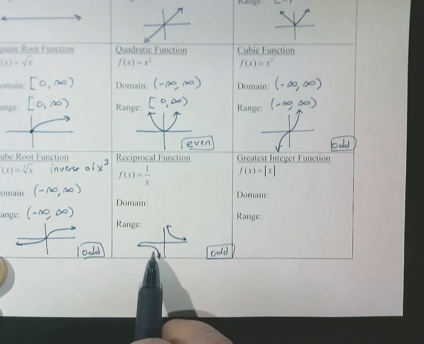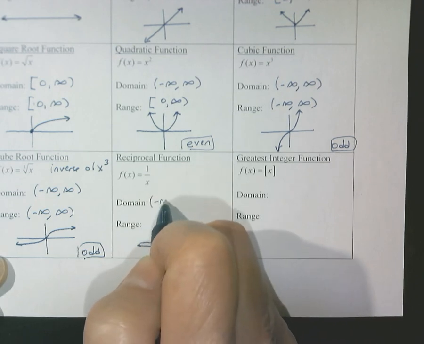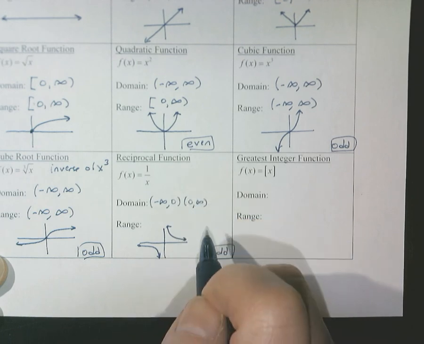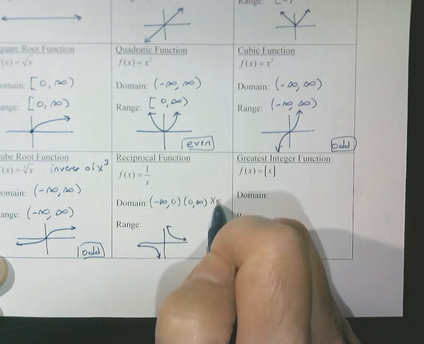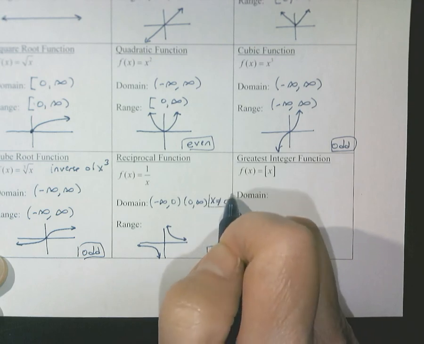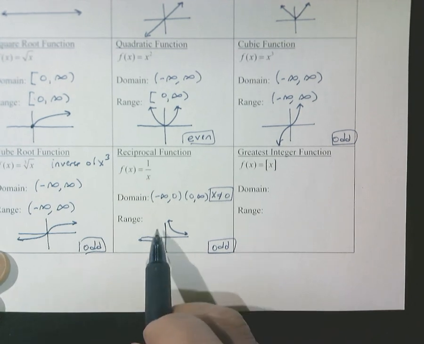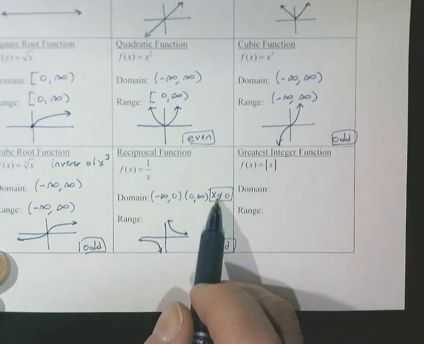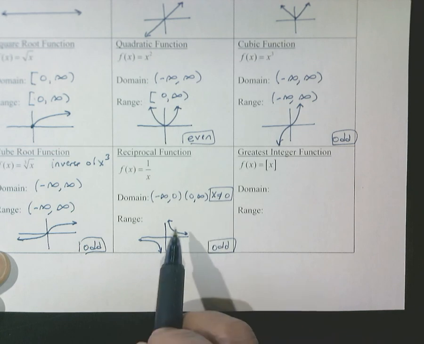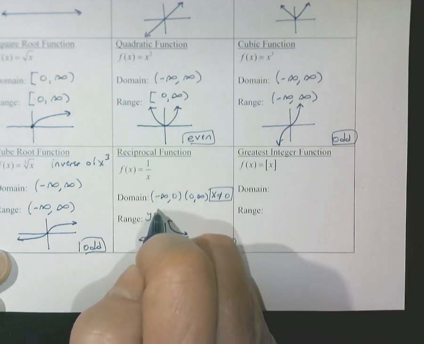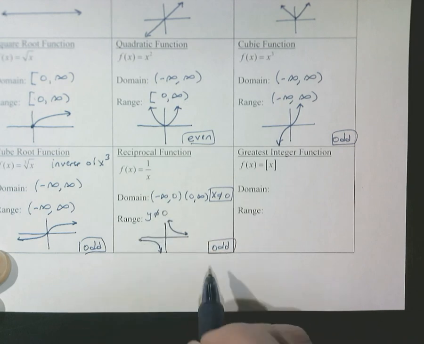My domain goes from negative infinity to 0, and then 0 to infinity. Or I could say x cannot equal 0. To me, that's a little bit easier, but you can use the other notation. The range is the same thing. There's a vertical asymptote at x equals 0. There's also a horizontal asymptote.